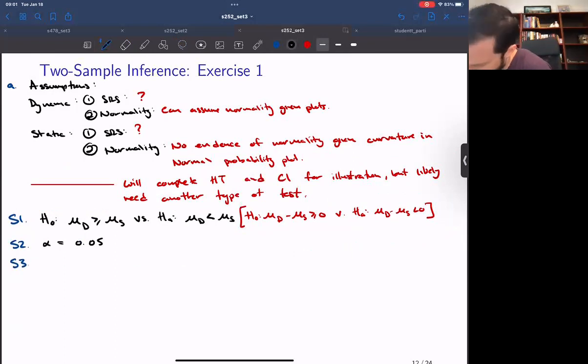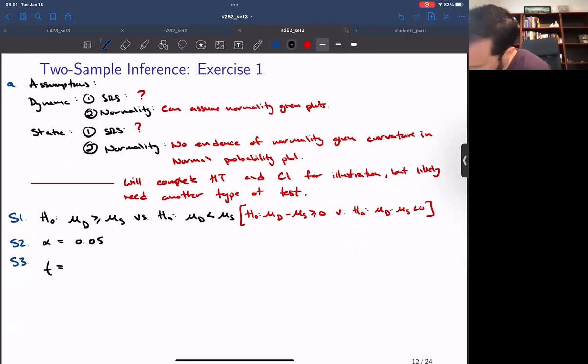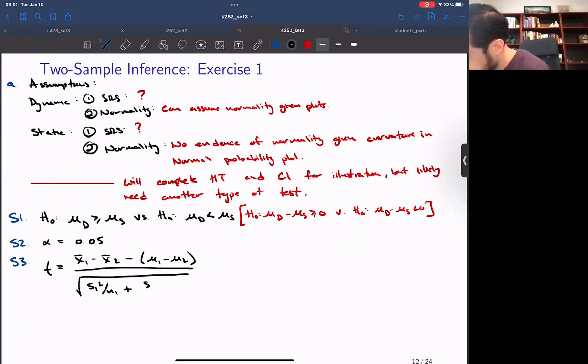So we have t is equal to x bar 1 minus x bar 2 minus (mu1 minus mu2), divided by the square root of s1 squared over n1 plus s2 squared over n2.